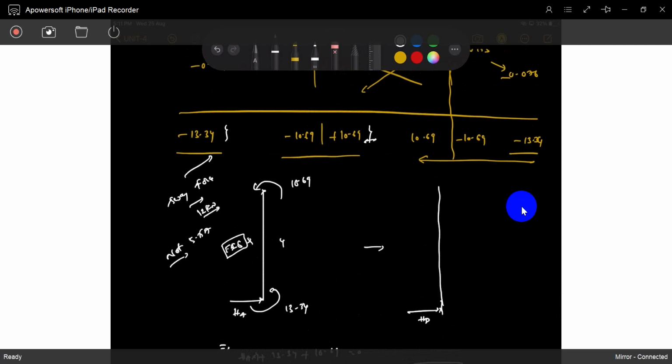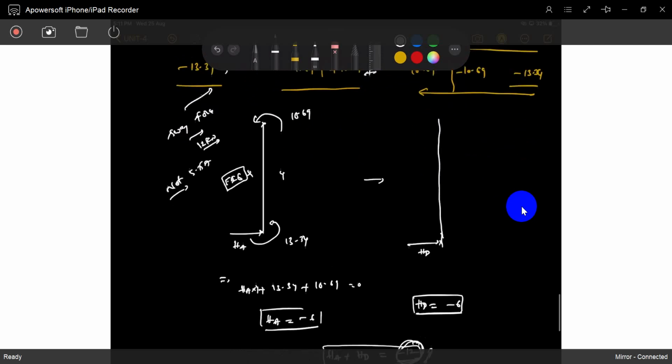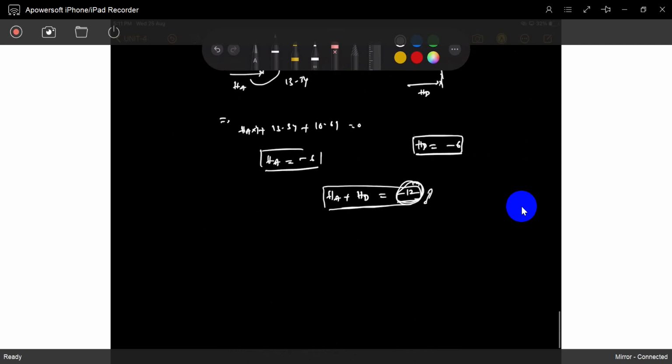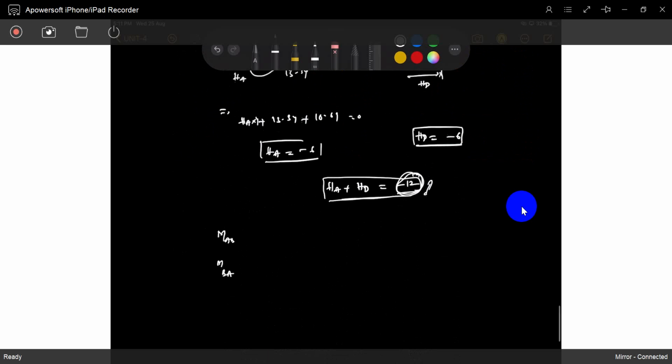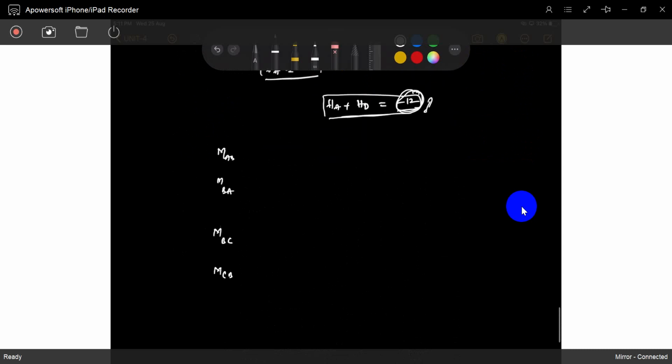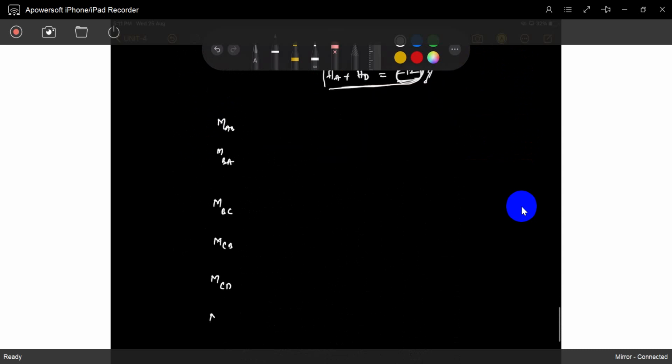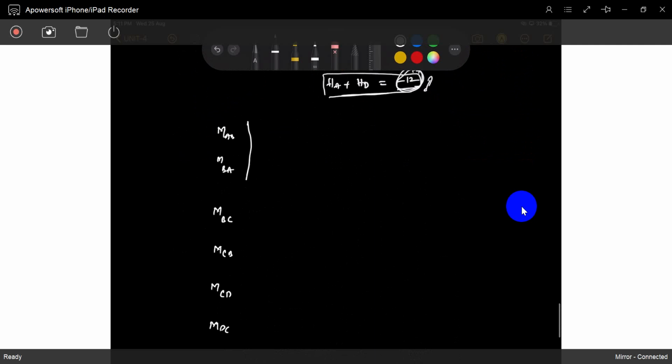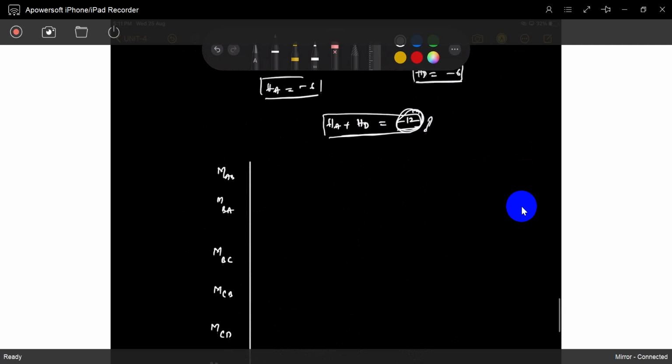So now we can adjust it. Can you adjust it? Easily, very easily. So now you can see MAB, MBA, MBC, MCB, MCD, MDC. These are moments.